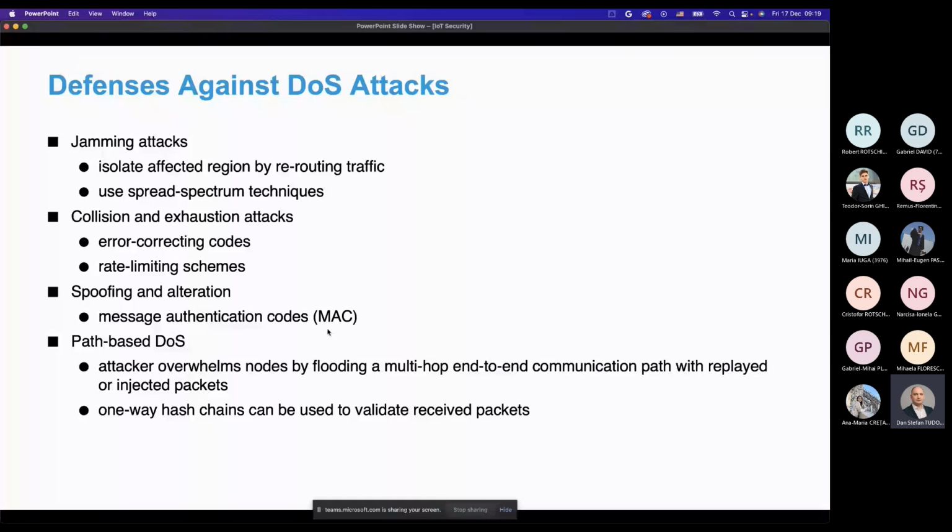Message authentication codes can be viewed as cryptographically secured checksums of messages. These checksums allow a receiver to verify whether a message has been spoofed or altered. You can have something like a cryptographic CRC to prevent you from sending a tampered message.